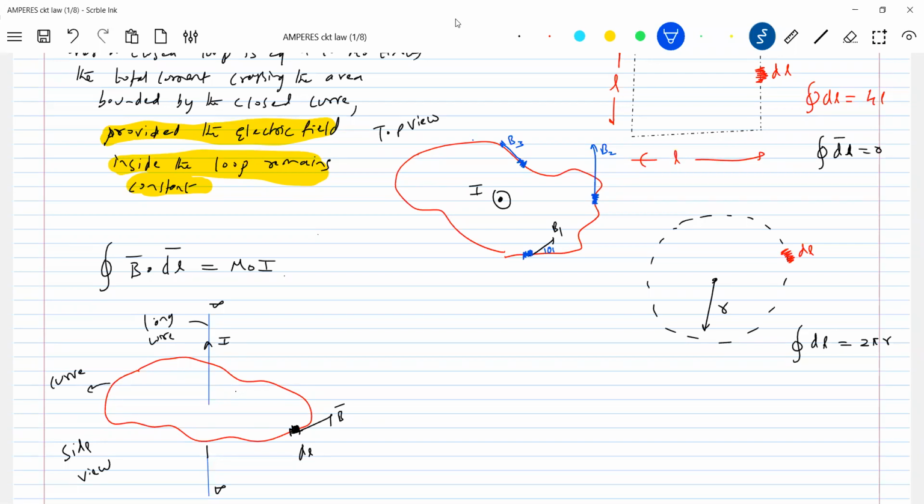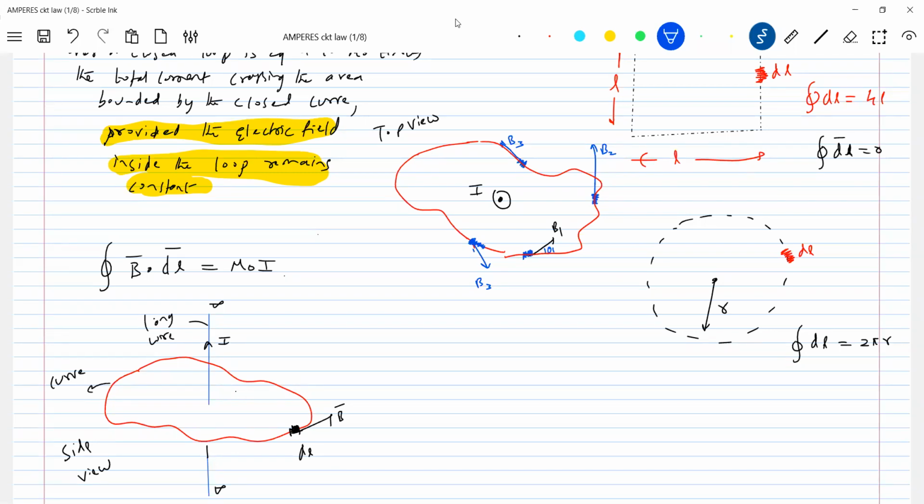And look at this particular point, one more outside, B3 and this is dl bar.